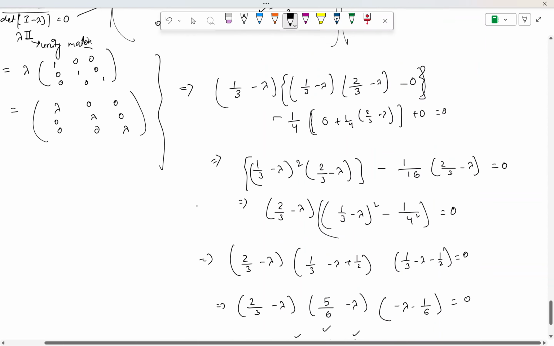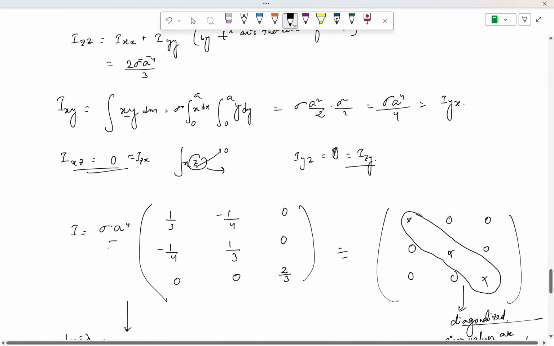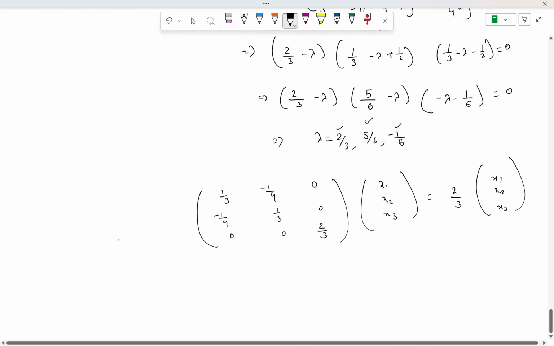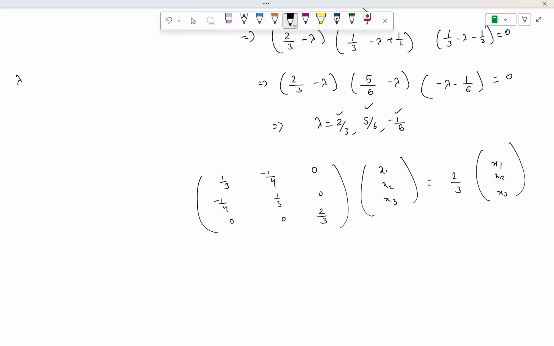These are just numerical values, but you remember that your matrix had a term outside, which is the sigma e to the power 4, right? So each of the eigenvalues will be multiplied by this sigma e to the power 4 as well. So the eigenvalues of the moment of inertia tensor are, let's call it I1, 2/3 sigma e to the power 4.